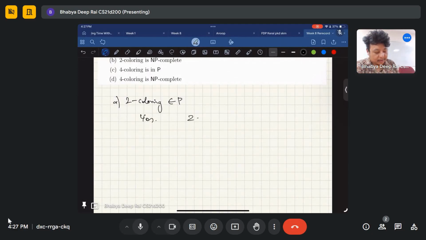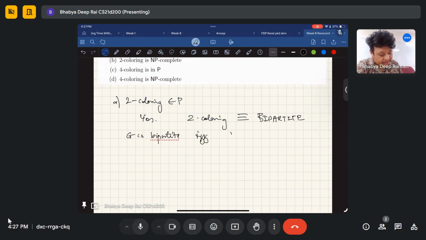Because 2 coloring is the same as bipartite, that is, G is bipartite if and only if G can be 2 colored.